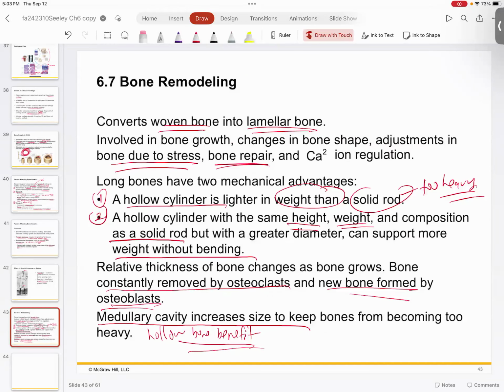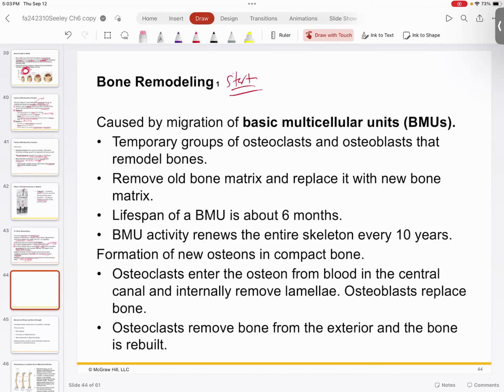Ultimately, what you have are groups of migrating cells called basic multicellular units, BMUs. These are like a temporary outpost, a garrison, if you will, of osteoclasts and osteoblasts.